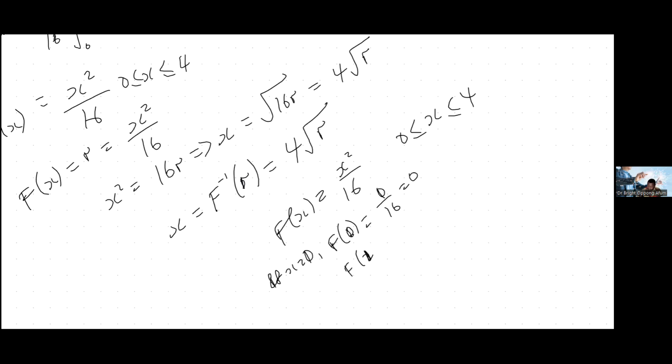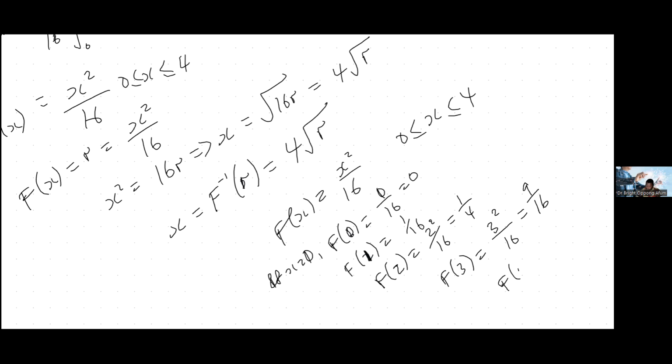Then for 1, that will be 1 on 16. Then for 2, 2 squared on 16, so that is 4 on 16, that is 1 on 4. Then F(3), 3 squared on 16, so that is 9 on 16. Then F(4) is 4 squared on 16, that is 1.